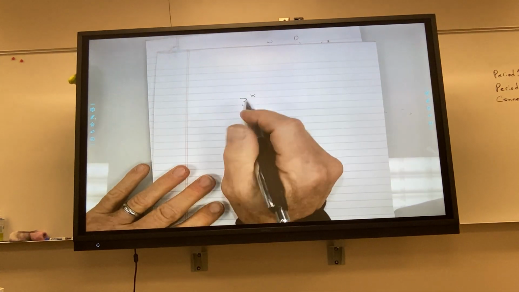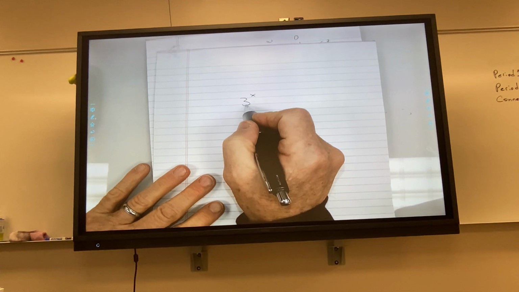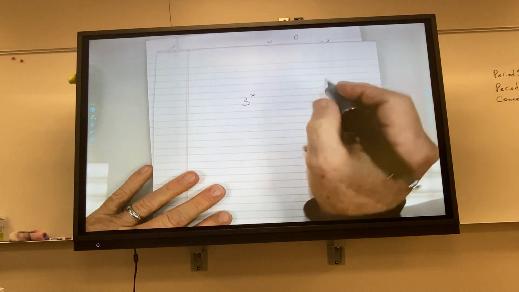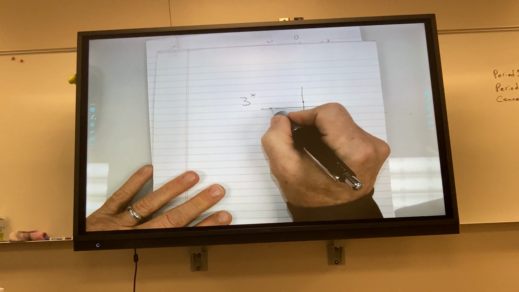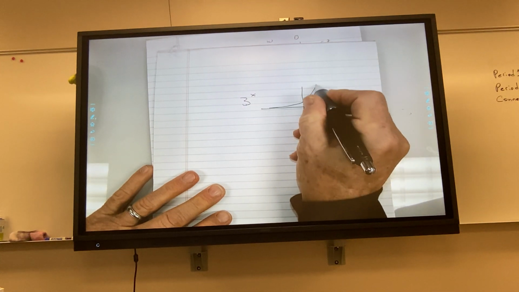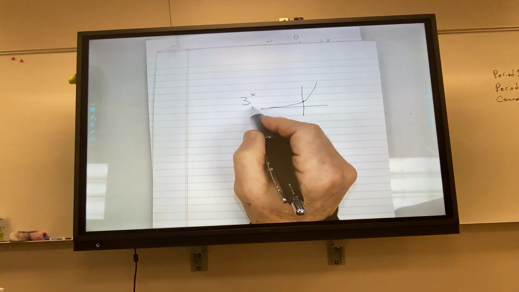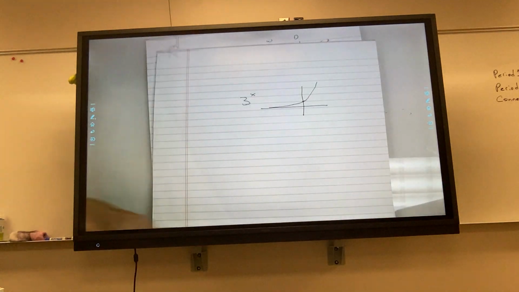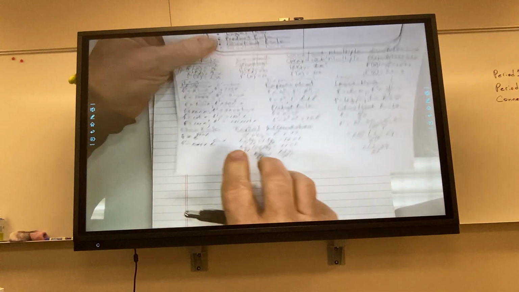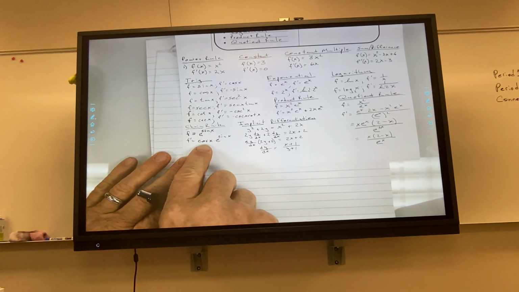Can you put a number in here to make this 0? It's impossible. In fact, the graph looks like this. At 0, it's 1, right? And then it goes up like this. As this gets more and more negative, it just gets smaller, right? But we have a coefficient. So this can't be 0, but can this be 0?